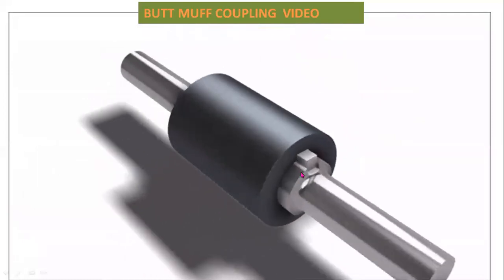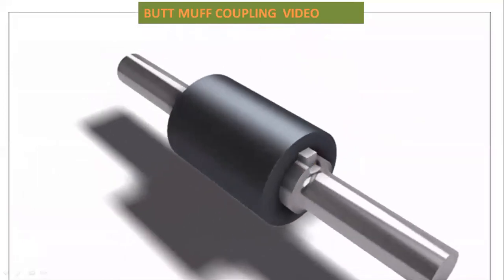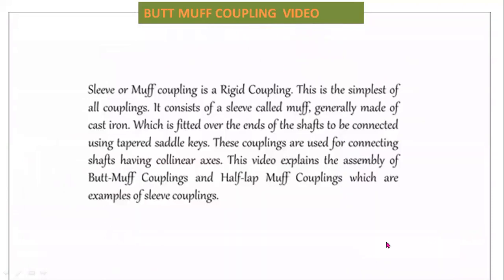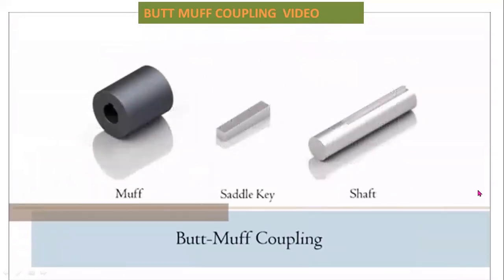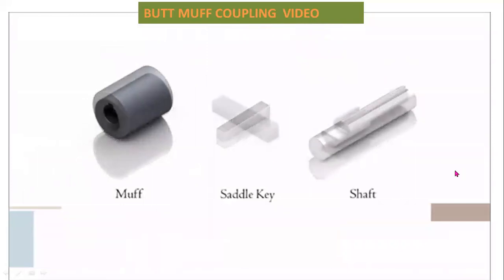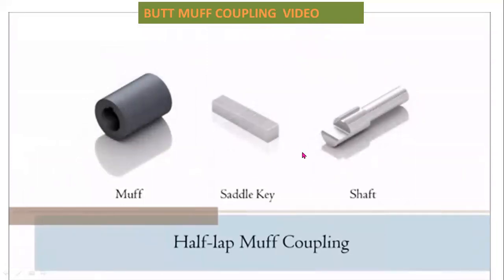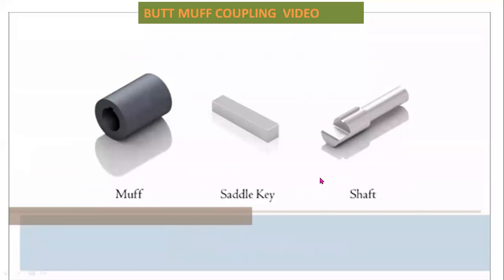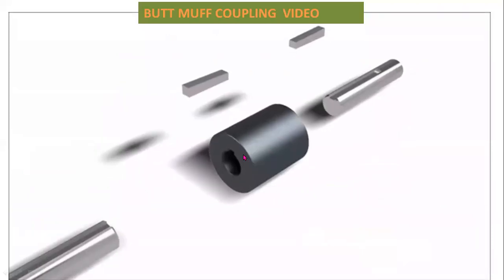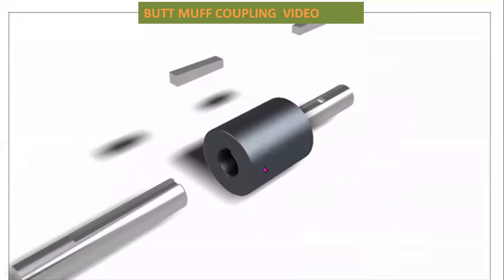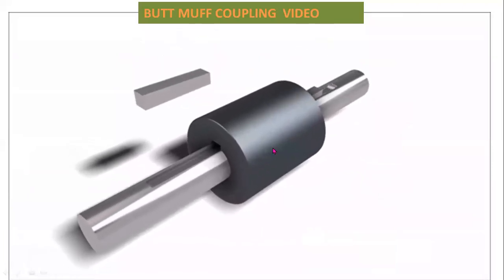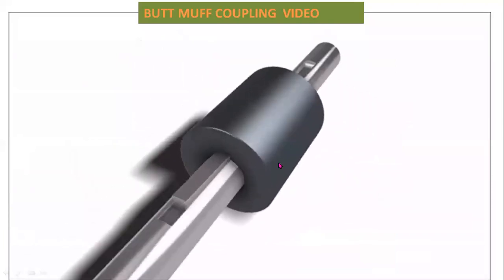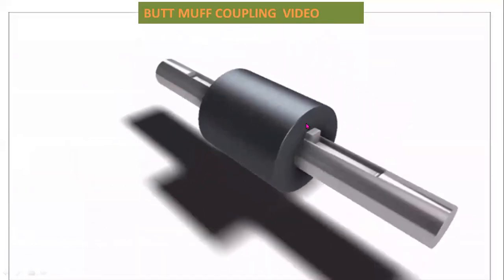These are keys you can observe. Sleeve or muff coupling is a rigid coupling. These are the important components. Sleeve or muff coupling is a hollow type shaft, so for design of this sleeve or muff, we are using hollow shaft formulas.